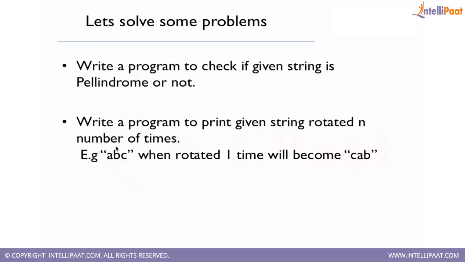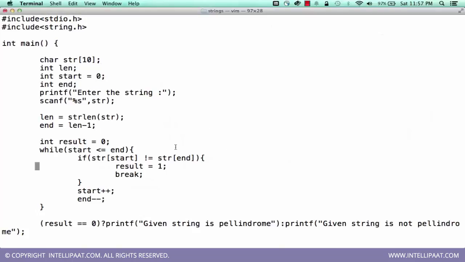That means a will come to b's place, b will come to c's place, and c will come to a's place. So let's write the code to rotate a string a given number of times. Okay, so let's write a code for this.